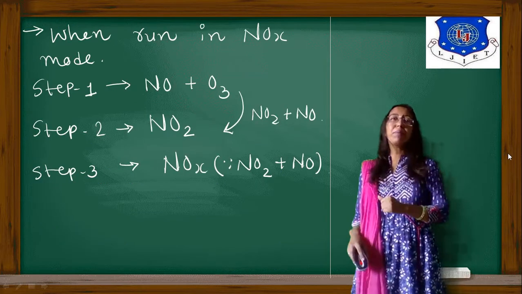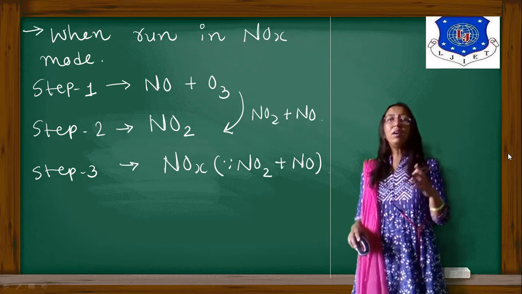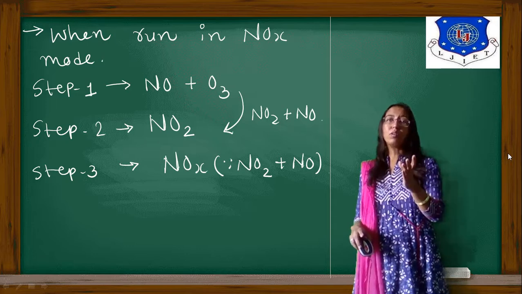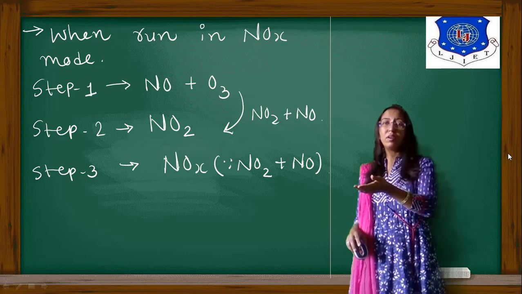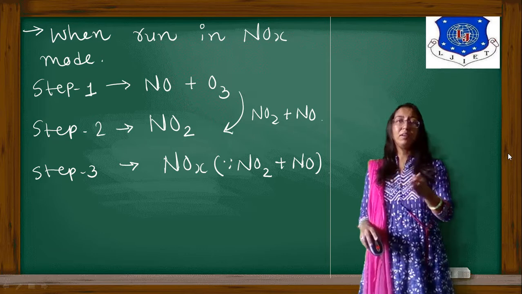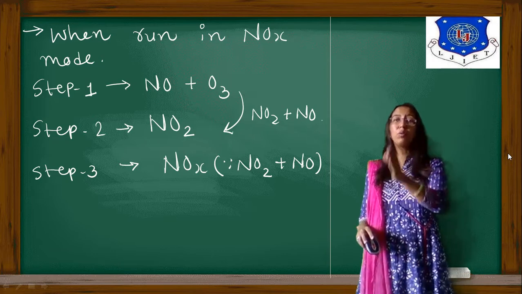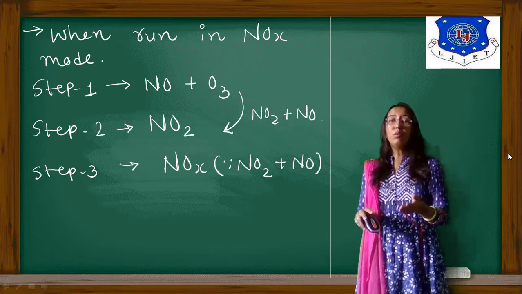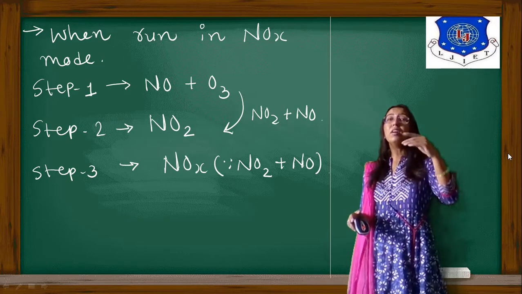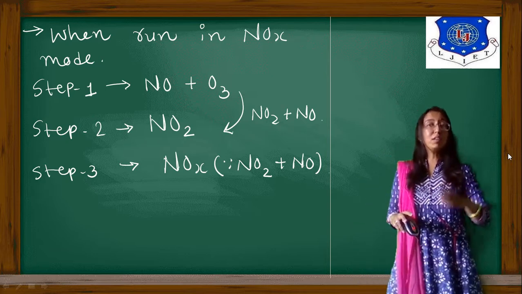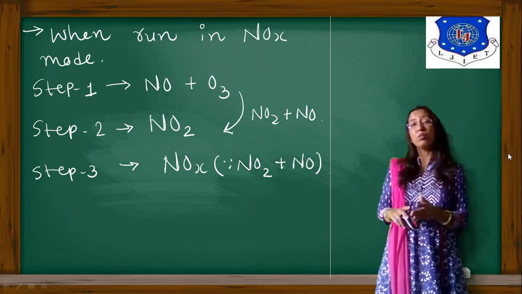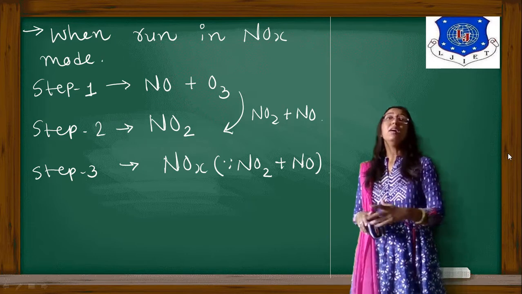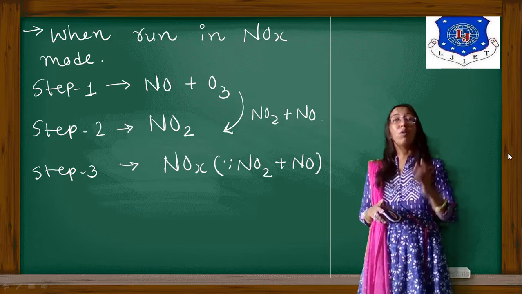So when run in NOx mode, the first step is nitrogen oxide reacting with ozone. Then in the second step we get NO2. Then in step 3, NO2 plus NO, and we get NOx. So due to this process, using the chemiluminescence detector, we measure NOx.